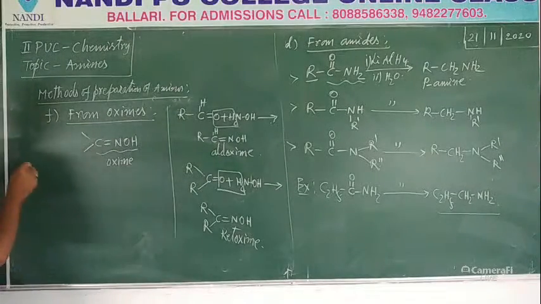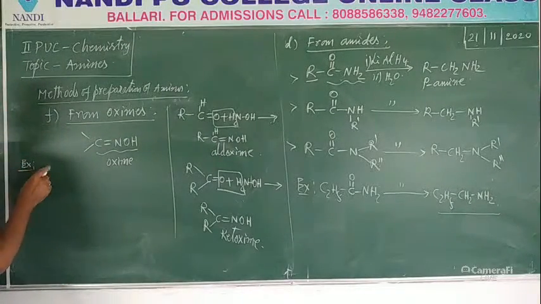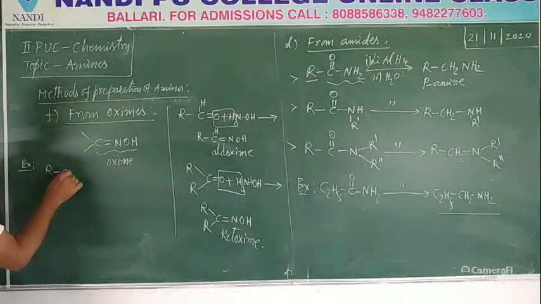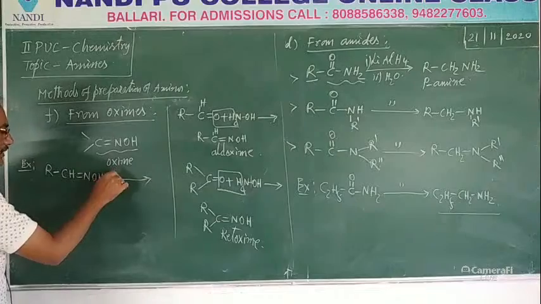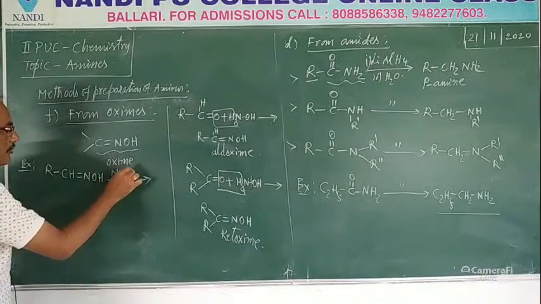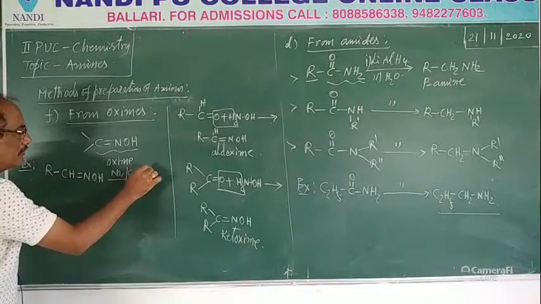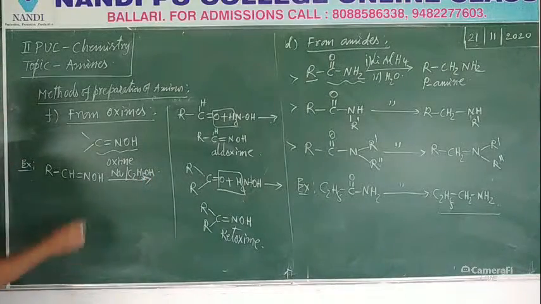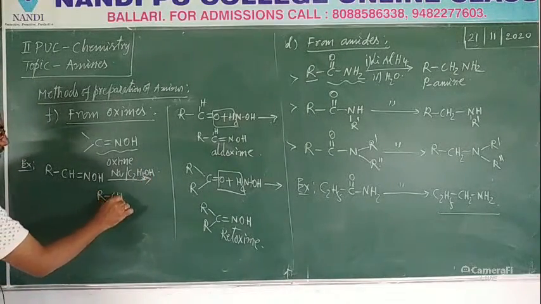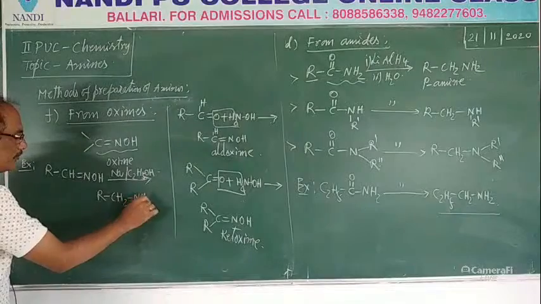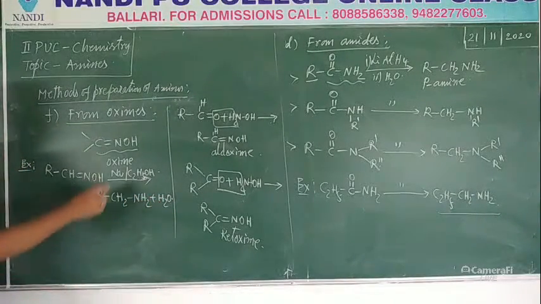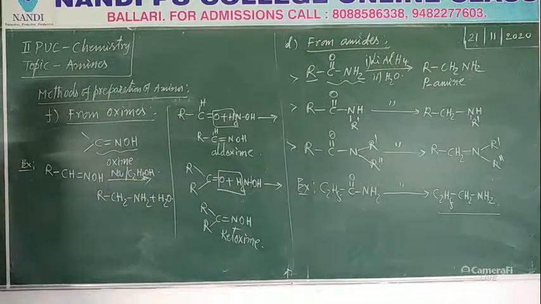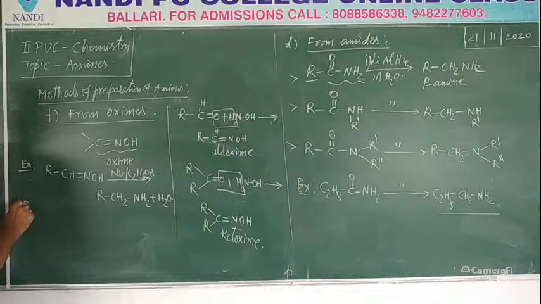So for example, children, you take RCH double bond NOH. As the reducing agent, I use sodium and ethyl alcohol, so that we will get RCH2 NH2 plus H2O. These are all reducing agents which produce hydrogen; hydrogen acts as the reducing agent.